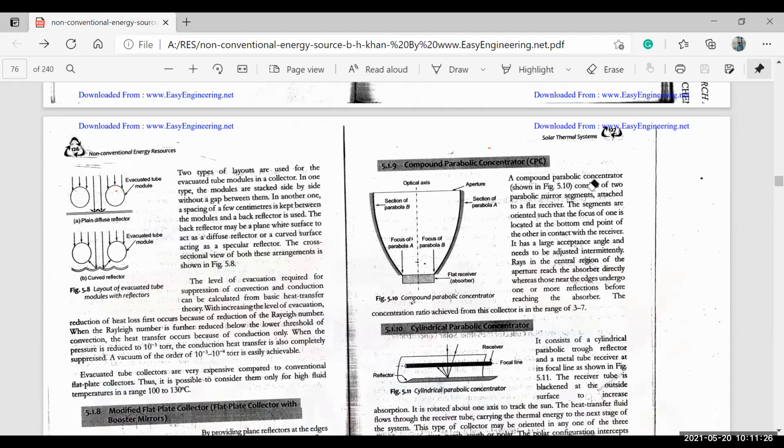Now here comes another segment, the compound parabolic concentrator, that is the CPC.